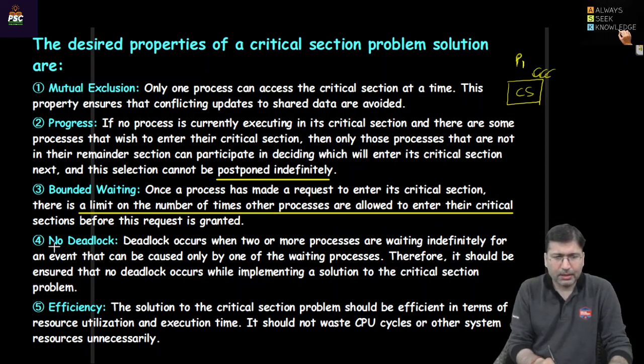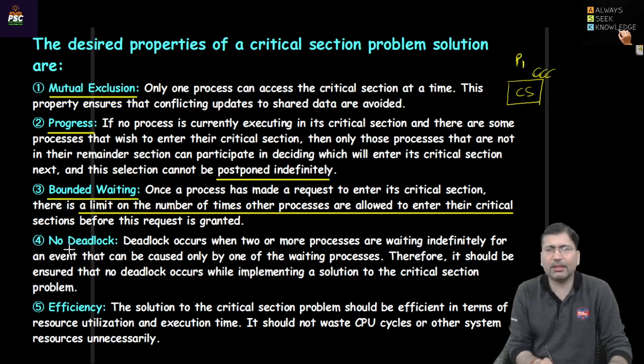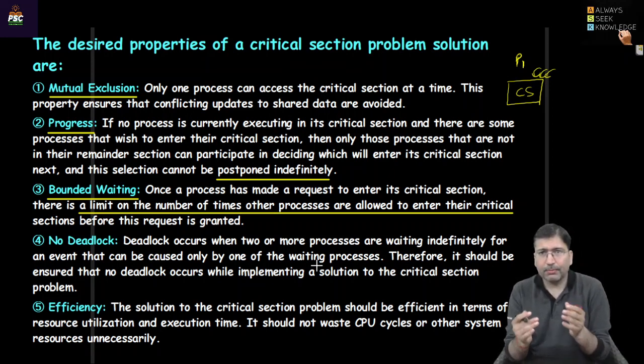Then the next is that there should not be any deadlock. In most books, they mention mutual exclusion, progress, and bounded waiting, but there are some other obvious properties that need to be satisfied by the critical section solution. There should not be any deadlock. Deadlock means there may be a situation where, because of the entry code, no process is allowed to enter the critical section.